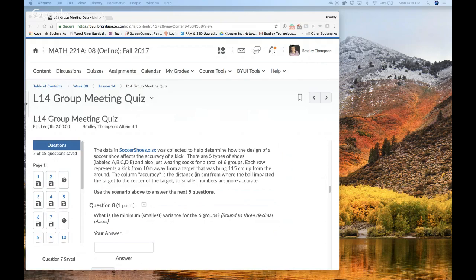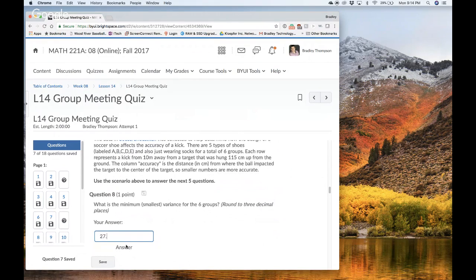So the smallest variance is 27.208. You kind of broke up for a second. 27.208. Hey guys, quiet, please, thank you. Let me see. 27.208. Okay. Sorry, my computer froze up, and I didn't hear it at all. You can see it on the screen. Oh, sweet. Thanks.